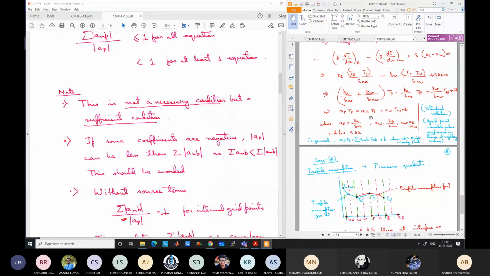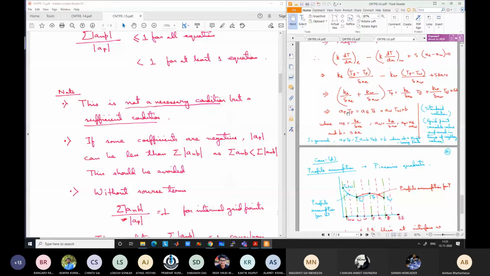So what we had seen in this case was the discretized equation without a linearly dependent or non-linear source term, meaning the source term is constant or there is no source term. Then any equation is of the form AP TP equal to AE TE plus AW TW plus B, or if it's a 2D problem, you will have plus AN TN plus AS TS.